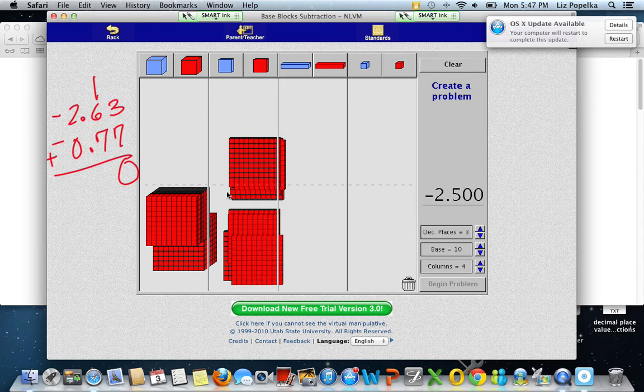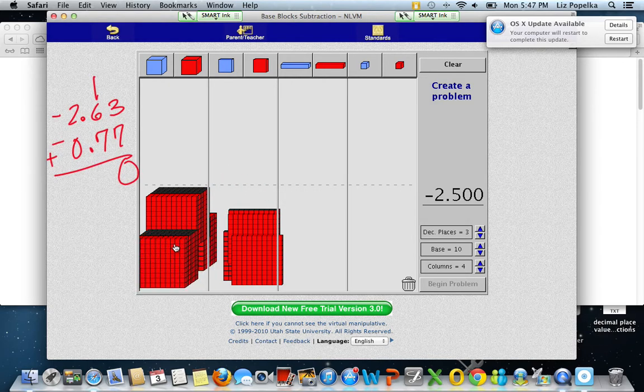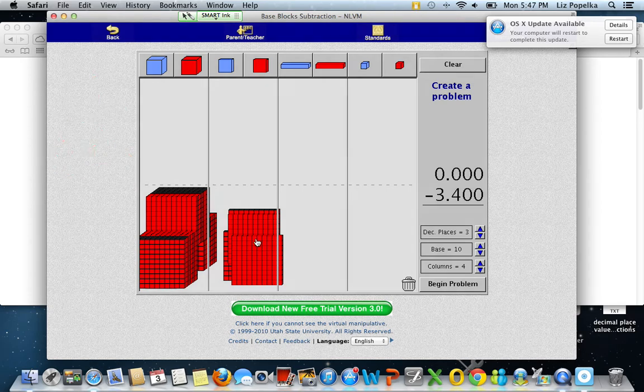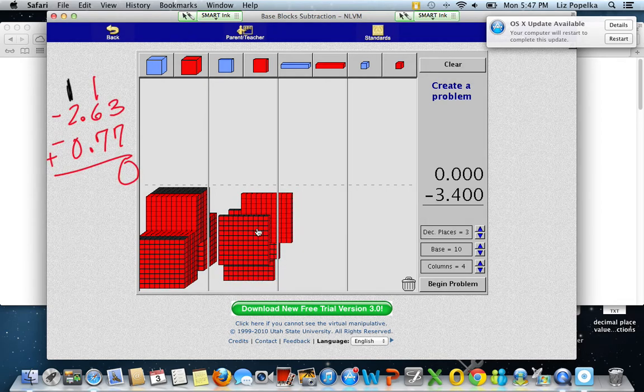So I'm going to group those 10 because right now I have a total of 13. So I'm going to take 10 of them. I'm going to lasso them together. They become a nice little brick. I'm going to move them over here. So I do need to carry, so I added a 1 over here to my wholes. Now I've still got the 3 that I left behind over here.